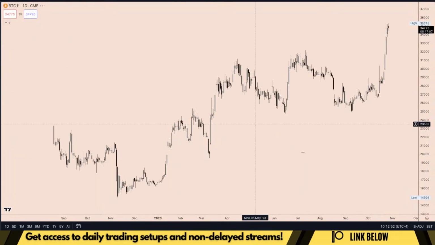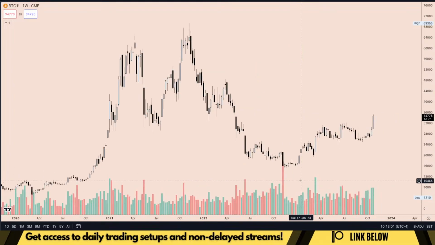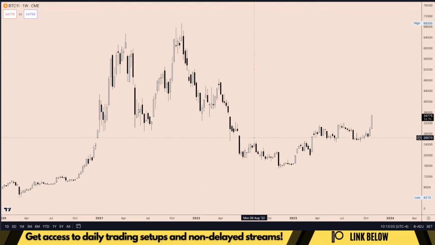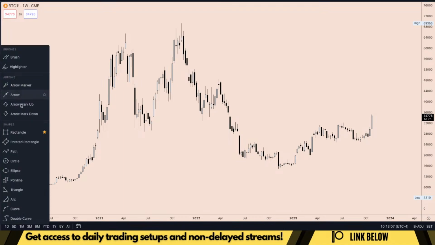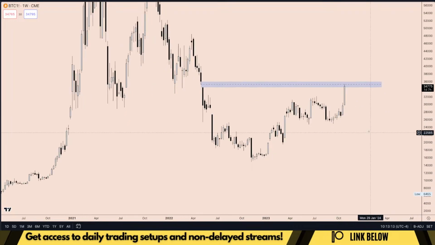If we go to the daily here, I'm talking about the CME gap right here. Let's go to the weekly, get a better overview, get rid of that volume. So right here we had an old CME gap and we just tapped that 50%.